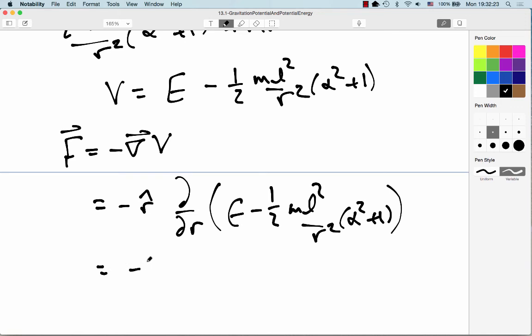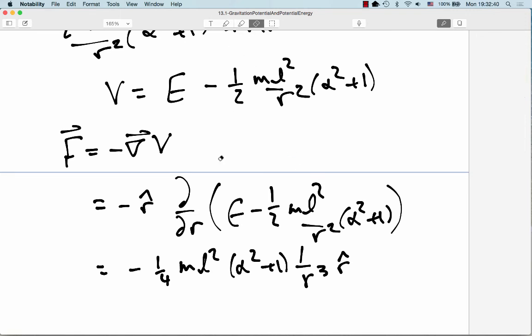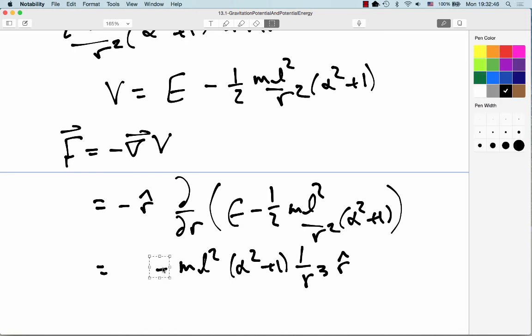So we're going to end up with minus what we had before, m L squared times alpha squared plus 1 over r cubed r hat. Yeah, that's what we had before. But again, it got a lot easier.